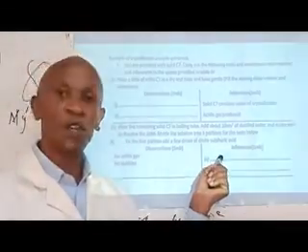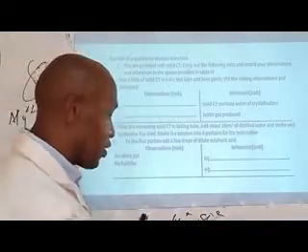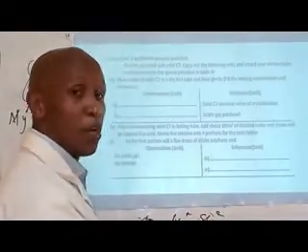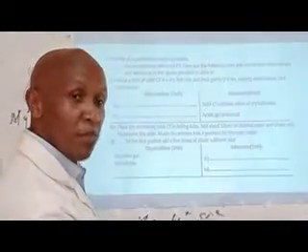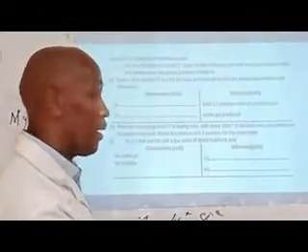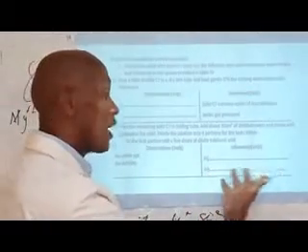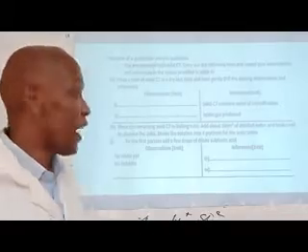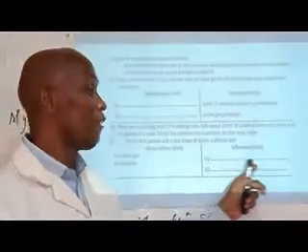What do we therefore conclude? If there is no white precipitate, that means the resultant sulfate is soluble, so lead, barium, and calcium are absent. What about no bubbles? No bubbles means we don't have the carbonate or the sulfide, so you write carbonate and sulfide are absent.